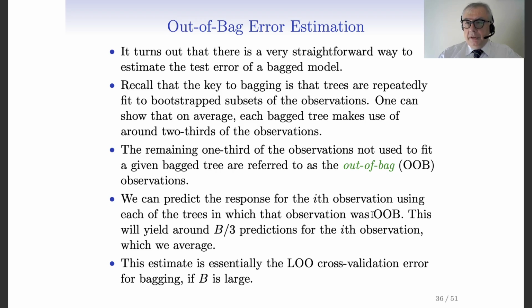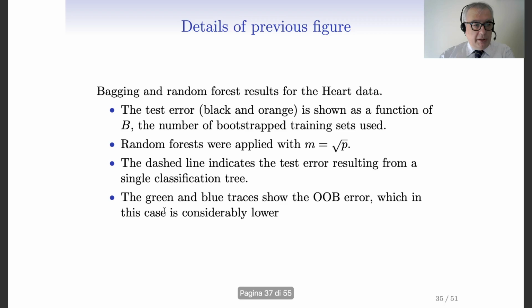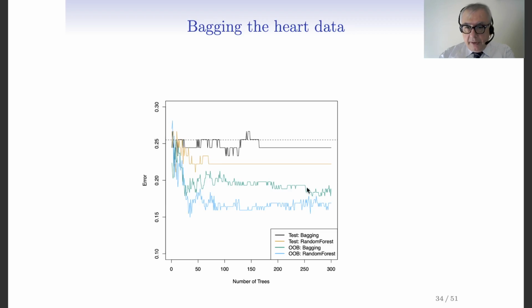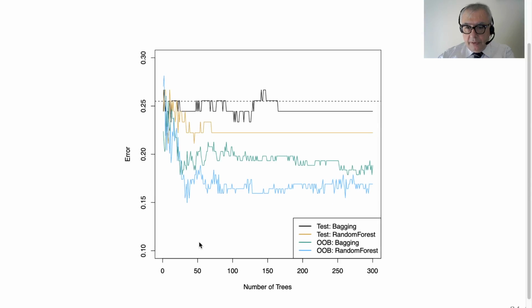I average the error that I commit, and in this way I have a kind of cross-validation error that can be used, and that was shown in the figure, the green line, and here OOB means out-of-bag.